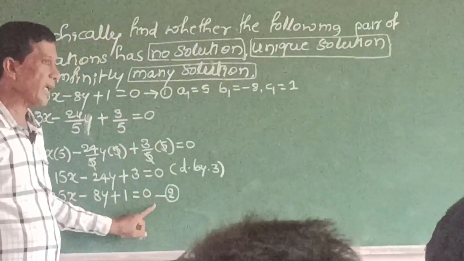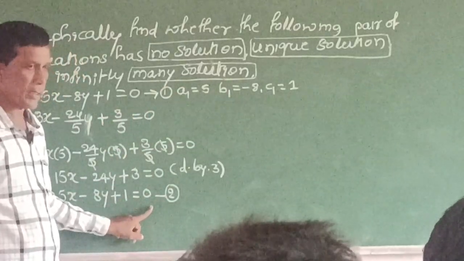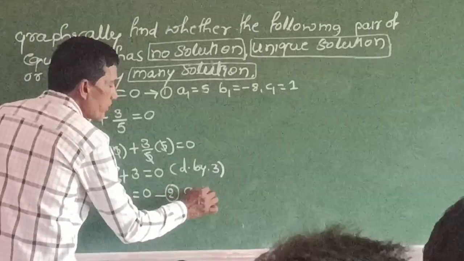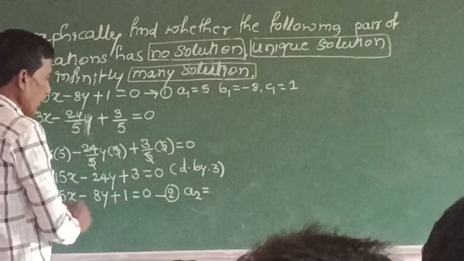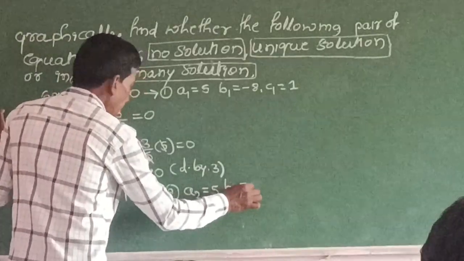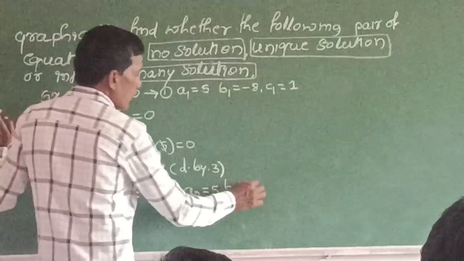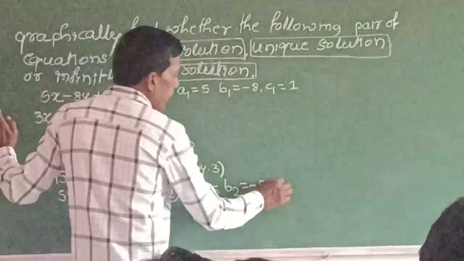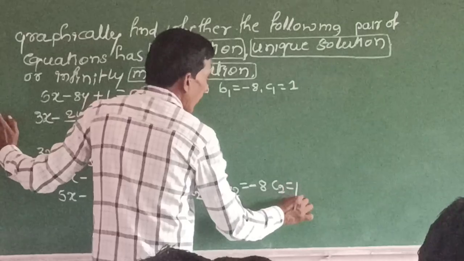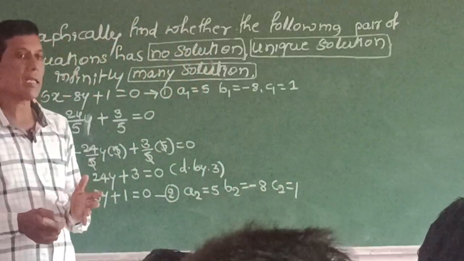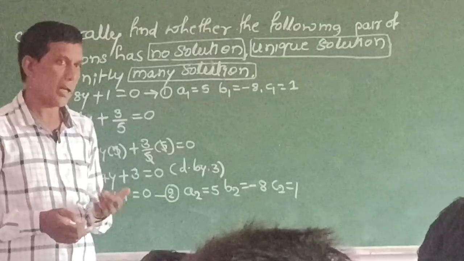Next, the second equation: a2 is 5, b2 is minus 8, and c2 is 1. Now check whether the answers are the same or not equal.